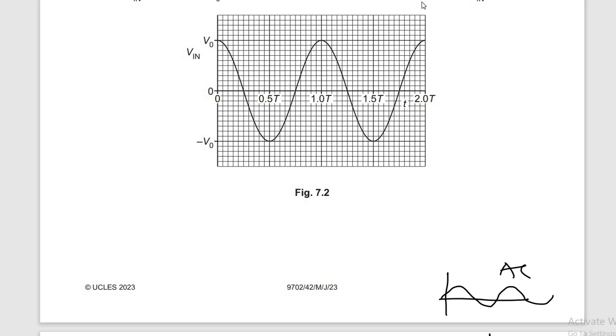This is AC. The V in is AC in rectification. The V out will be DC. So in DC, we don't need the one that cuts across the x-axis. It must not cut across the x-axis. So all you need is this.